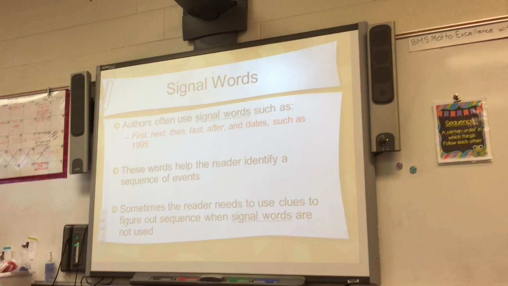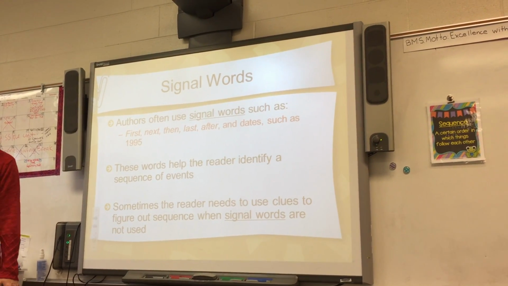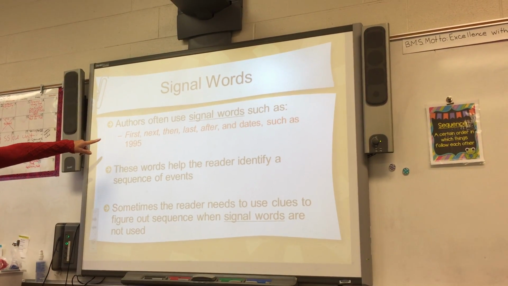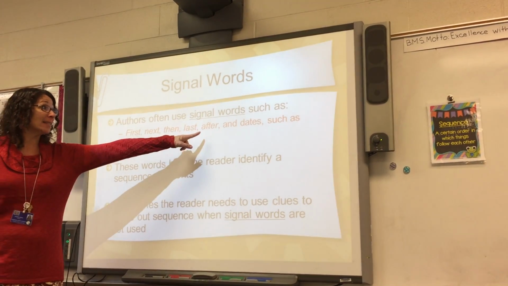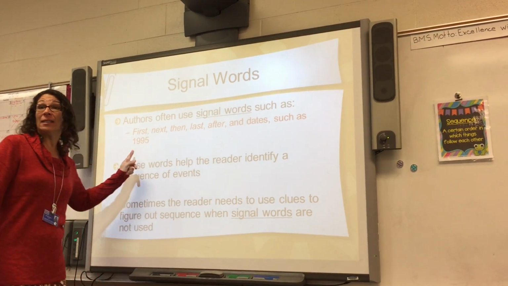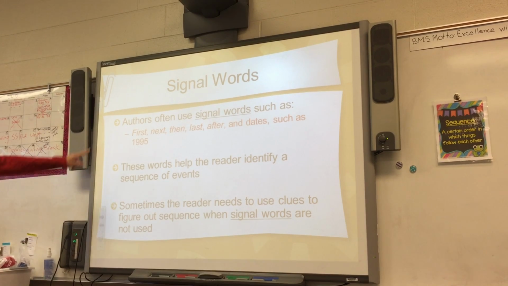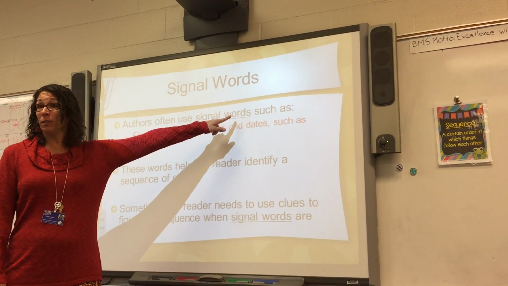Let's take a look at signal words. How do we know that things are in time order? Some of our signal words are first, next, then, last, after, and dates, like 1985, that's a year. So go ahead and write signal words.